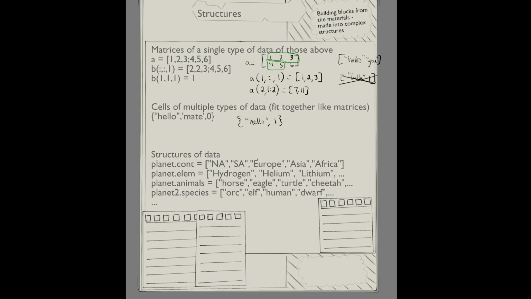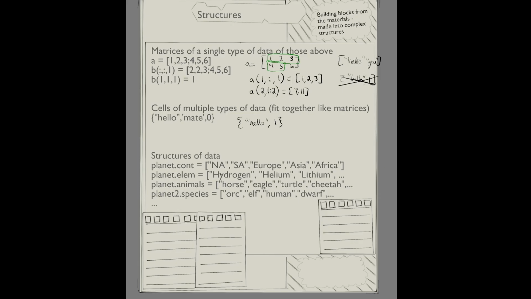Next way to fit multiple types of data, we've got cells, we've got structures. So structures of data, we use the period to call up some element in it. So let's say we've got the structure planet, and we want it to have a couple keys in there. Cont, short for continents, elm, short for elements, animals, and species. So to specify the continents in the structure planet, we could use a matrix with North America, South America, Europe, Asia, and Africa.